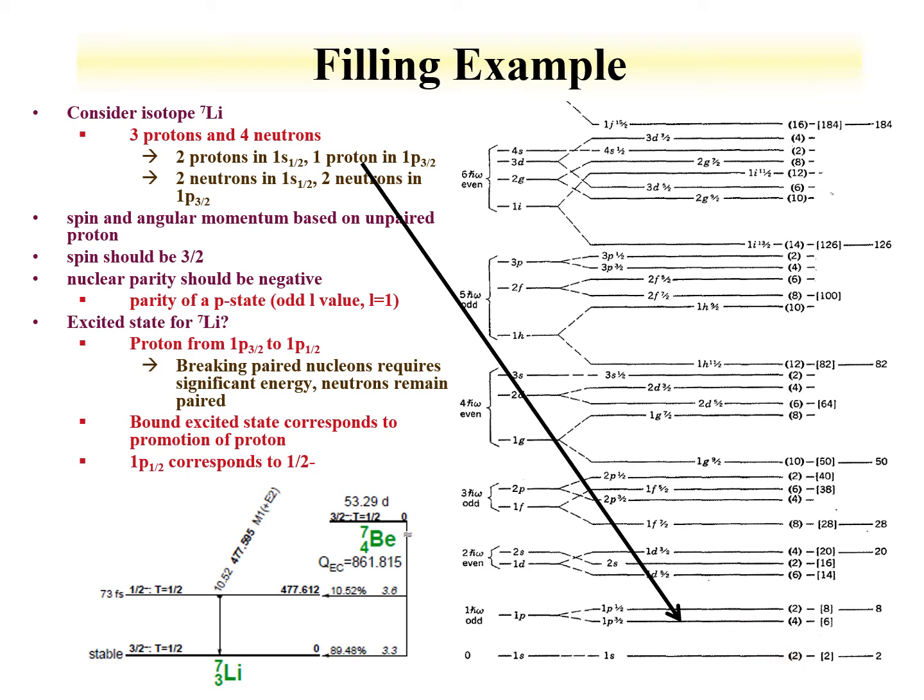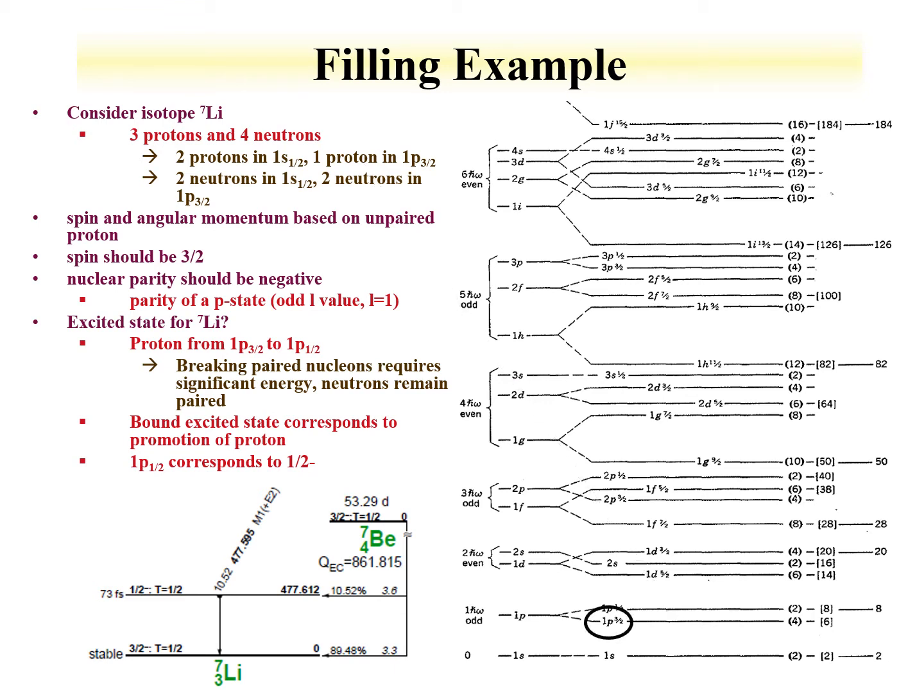So the spin and parity are based upon this unpaired proton. If it's 1p 3/2, the spin should be 3/2. The parity is based upon the p state. It has an L value of 1, so the parity is odd, so the parity is negative. And as we see, lithium 7 is 3/2 minus, as predicted from the shell model.